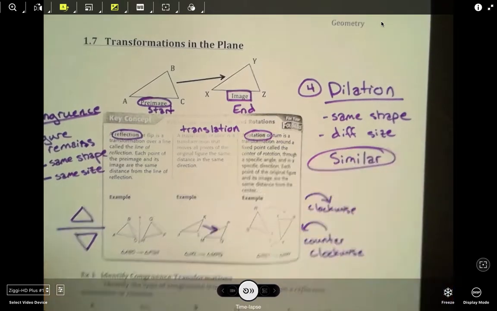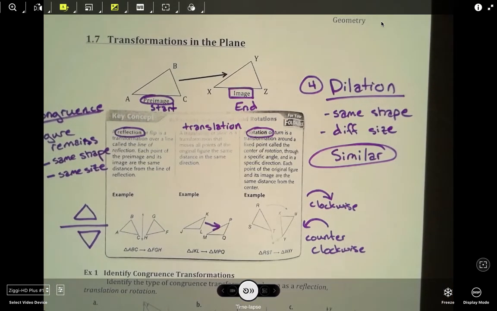Like the figures are similar to each other, which means they're the same shape, but they're not the same size. Same shape, different size is similar. So that's the reason why they leave off dilation, because those are for similar figures. We're only talking about congruent figures. We will talk about dilations later on, but not in this section. I think it's in chapter 3, maybe.